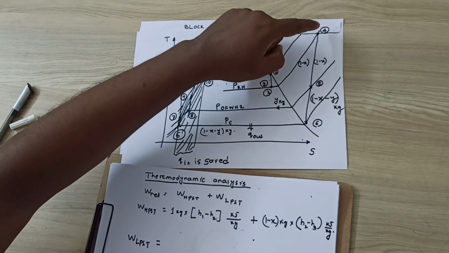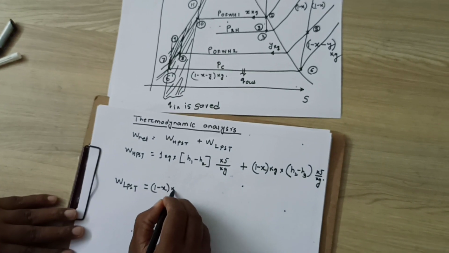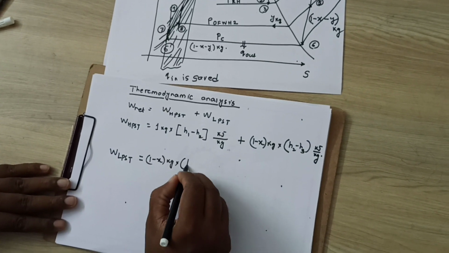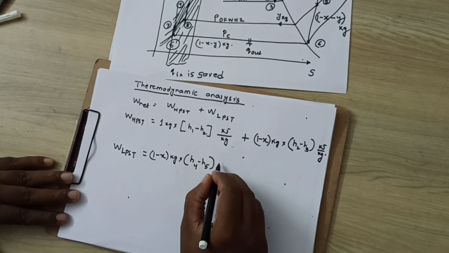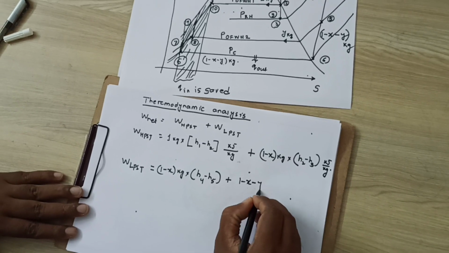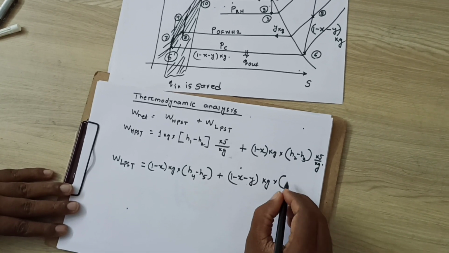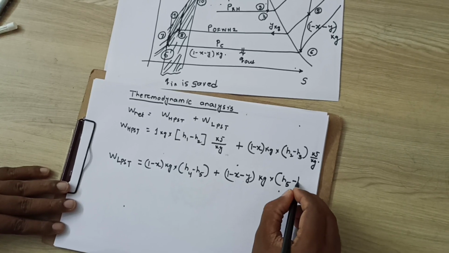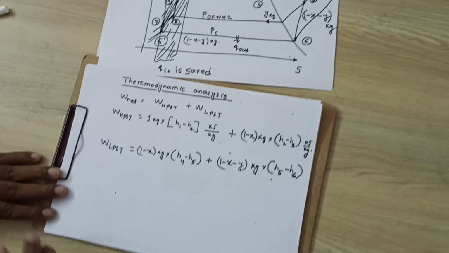For 4, what is the mass fraction? 1 minus x kg into H4 minus H5, plus here 1 minus x minus y kg into H5 minus H6. And the net, you add it up. Okay.